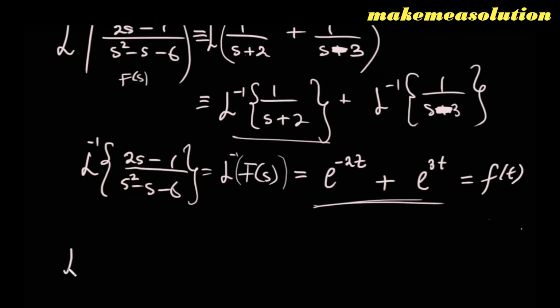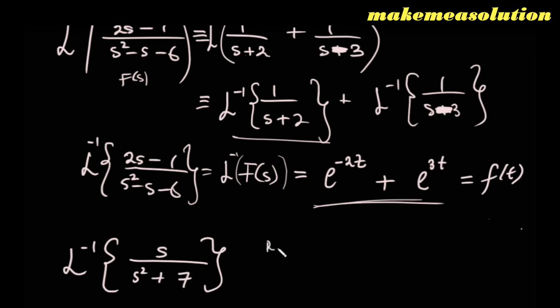When you are given a function like this, the Laplace inverse of something like s all over s square plus, let me see, 7, and you want to find the inverse Laplace transform of this, you should recall that this looks like the cosine form, that the Laplace transform of cos at is s over s square plus a square.